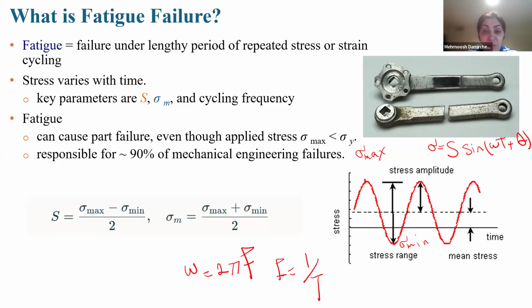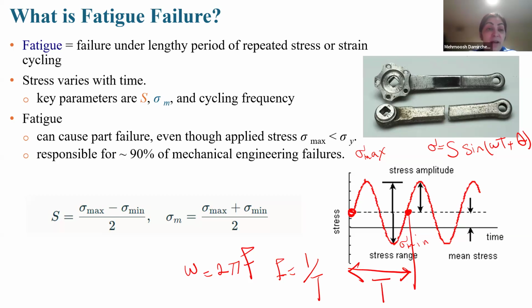What is the period? If you consider this point, what is the equivalent of this point in the next cycle? It should be this one. So the time between these two points is considered the period, and the reciprocal of that is the frequency. Natural angular frequency is 2 pi times f, and sigma, as you see, is not a constant value. It is S sine omega t plus theta.